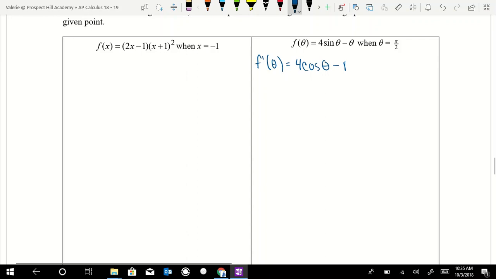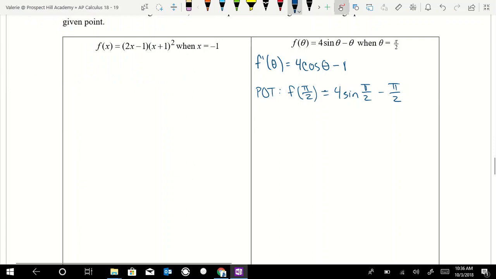Okay, so first thing we want to find is our point of tangency. So we'll put in f of pi over 2, which will be equal to 4 sine pi over 2 minus pi over 2. And we can keep going, simplify this out.